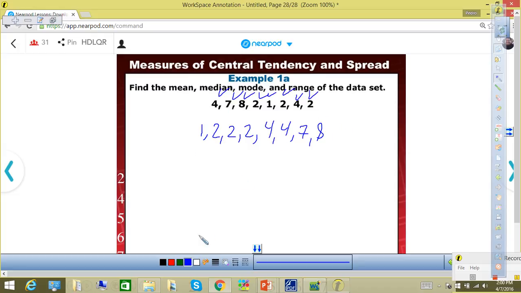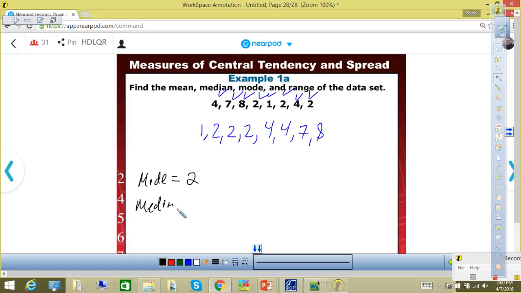By looking at what we just did here, what is the easiest measure of central tendency to write? The mode. So what is the mode? 2. That's the easiest to do and identify right away. What is the second easiest?